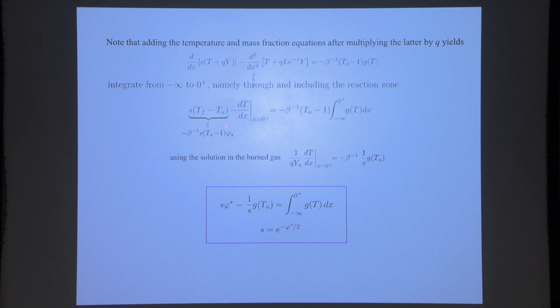It's just what you determine needs to be done. So when you do that, you can evaluate the proper terms. What you see is that the difference TF minus TA is of order beta minus 1 and can be computed from the previous slide to be essentially phi star. This derivative can also be computed. Remember, it was a linear decrease in the burn side, so the slope is just that, and it's beta minus 1.